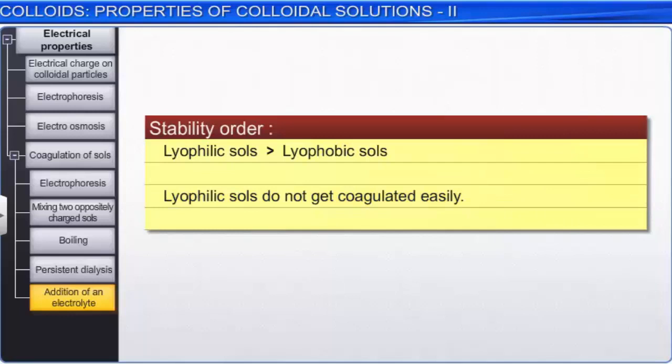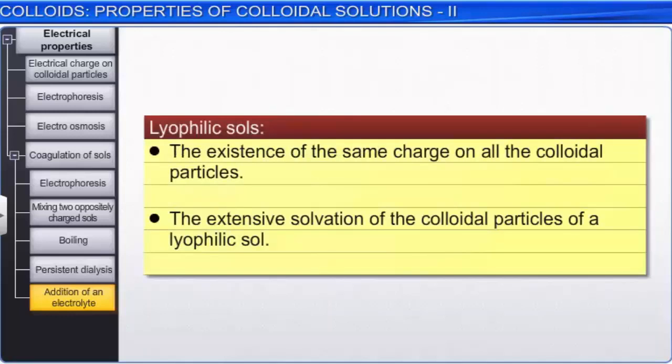The two factors responsible for the stability of lyophilic sols are the existence of the same charge on all the colloidal particles and the extensive solvation of the colloidal particles of a lyophilic sol.